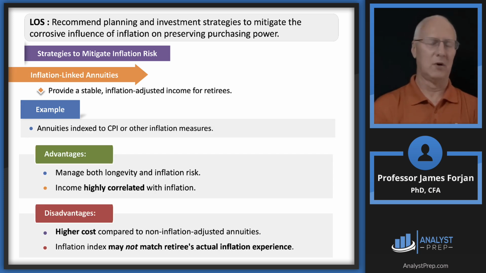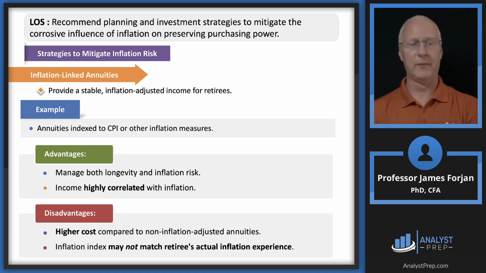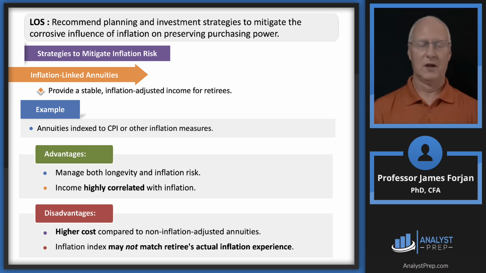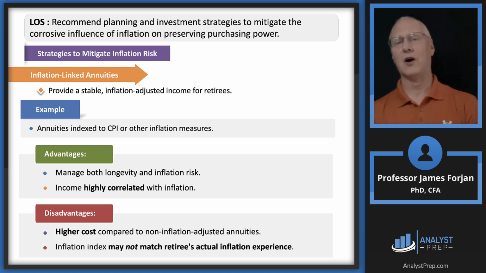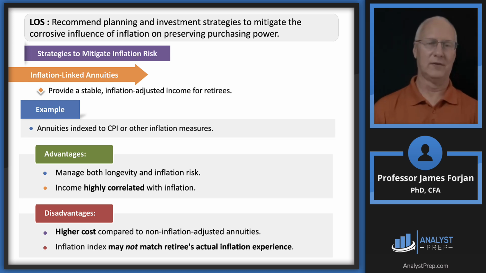We spent a little bit of time on the previous recording talking about annuities. I didn't spend too much time, but these things work really well. You always have to worry about the cost. Look down at the bottom. There we go. Higher cost compared to non-inflation adjusted annuities, which are higher cost than any other kind of manner that we can achieve these kinds of goals.